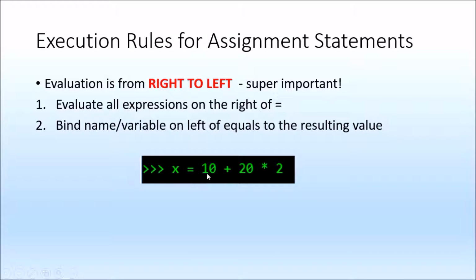So we have some primitive expressions: we multiply 20 by 2 and get 40, then add it to 10 and get 50. And our value of x is then going to be 50, because after we've evaluated everything on the right, we bind the name or variable on the left to the resulting value. That's how assignment statements work.